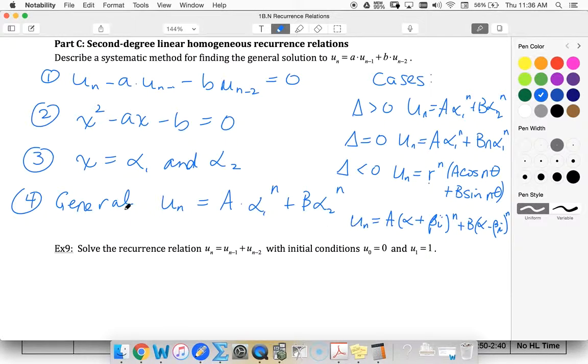All right. Regardless of our cases, we determine a and b using our initial information. So always, we're going to end up knowing what our u1 and u2 are, or u0, u1. So we'll use those to solve, and we're going to look at some examples of each of these cases coming up.